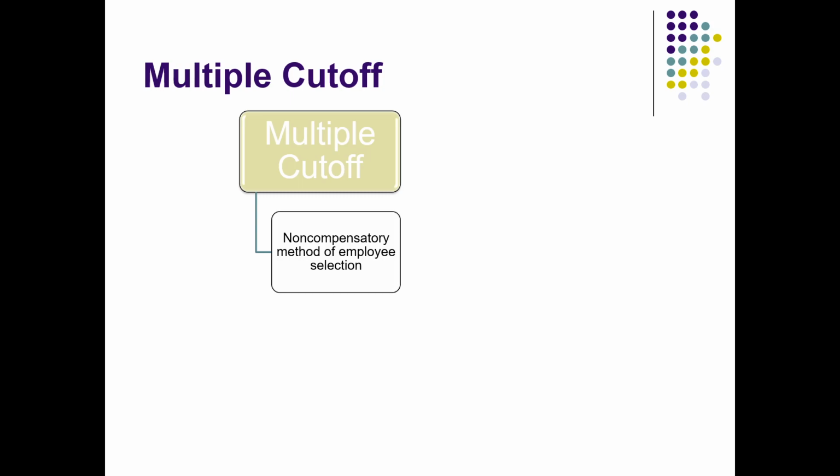Non-compensatory literally means that you cannot use one category to compensate for the other. Passing scores or cutoffs are set on each predictor, and the employees must pass all of those predictors. And usually they're applied all at one time.